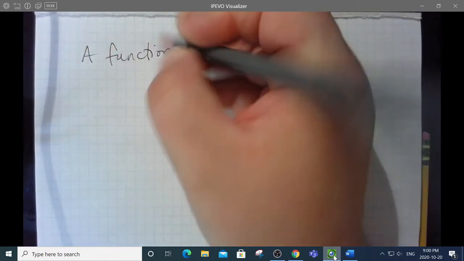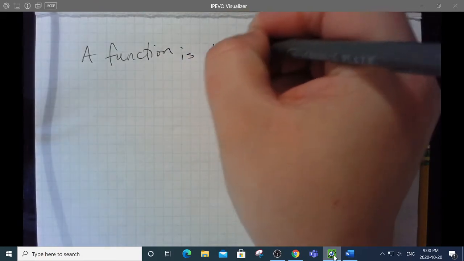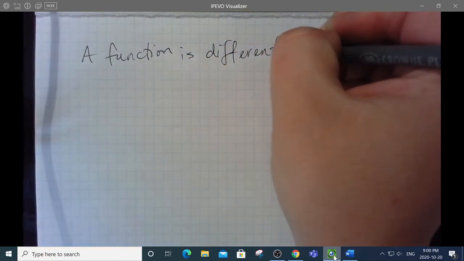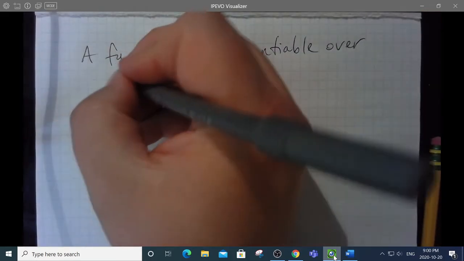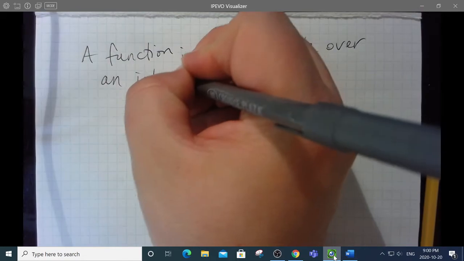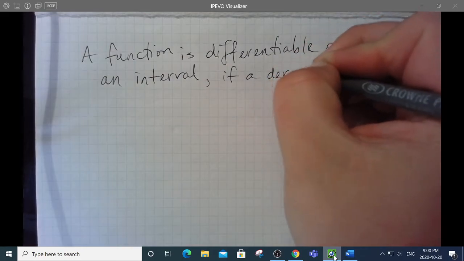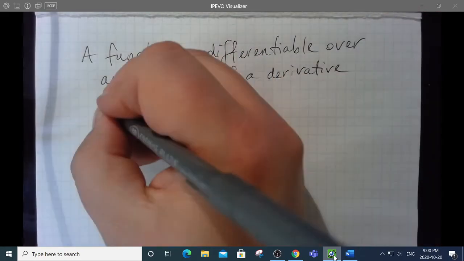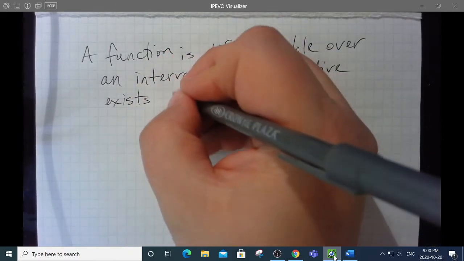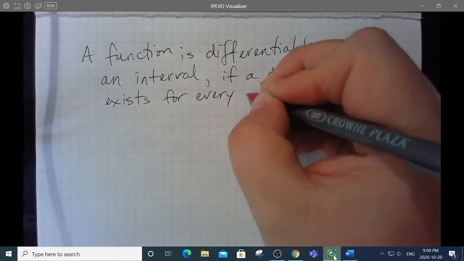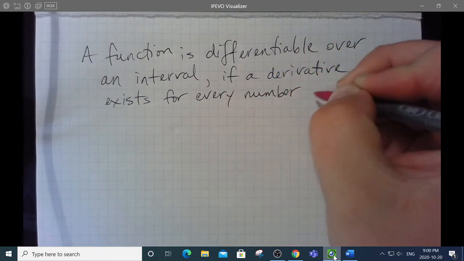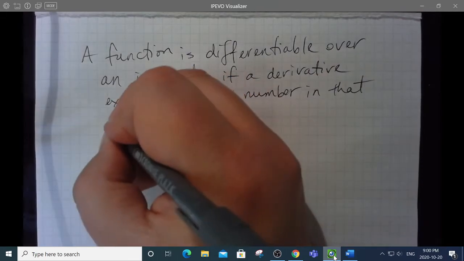And for algebra, instead of thinking points, you can think intervals. So you could say a function is differentiable over an interval if a derivative exists for every number in that interval.